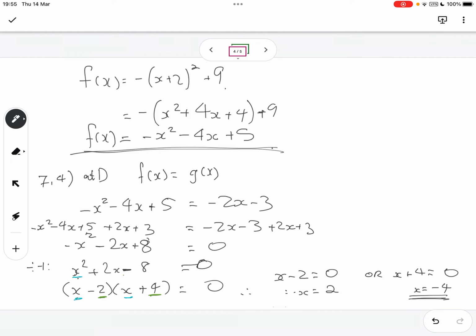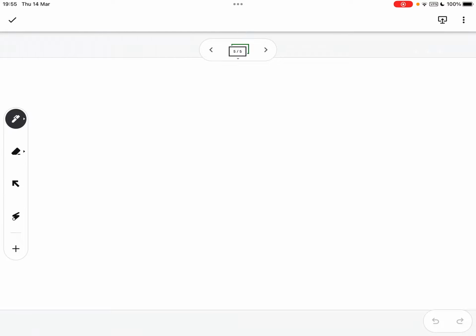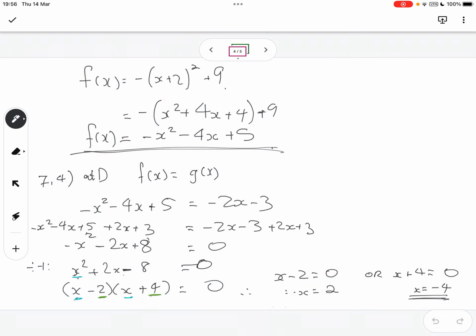Now we're told that the graph of f is reflected about the x-axis. The equation is reflected about the x-axis. What that means is what is above goes below and what is below goes above. And we have to do that for 2 marks.